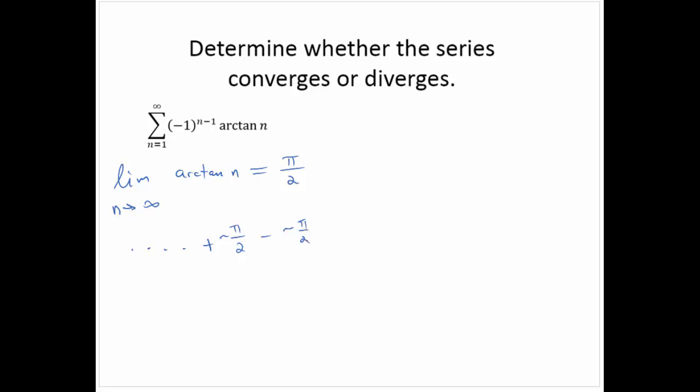If you think about the partial sums, they keep on alternating between these two different numbers that aren't approaching the same value. And so since the limit is not 0, we can say that this diverges.